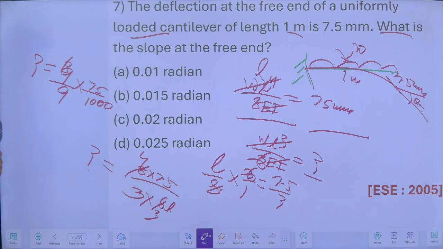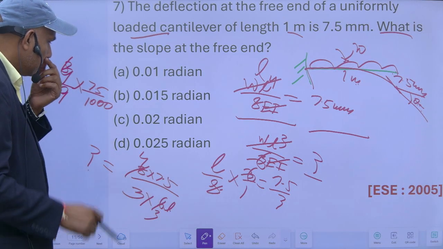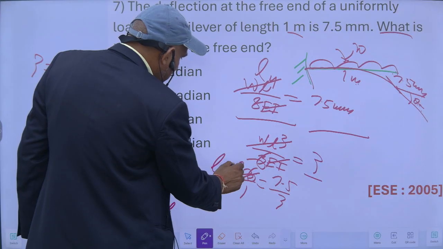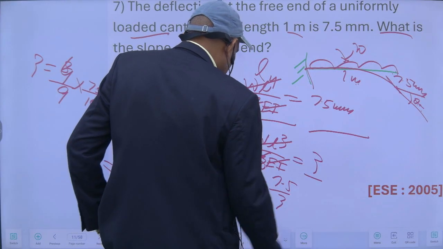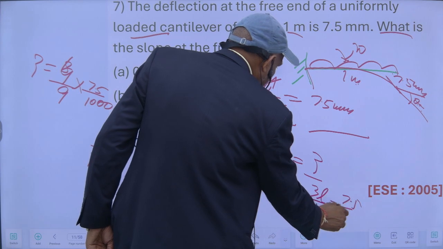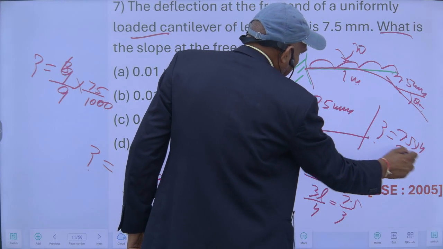This will be 6 upon 8, means 3 by 4. So 3L by 4 is equal to this one, and this is equal to 7.5 into 4 upon 3L.